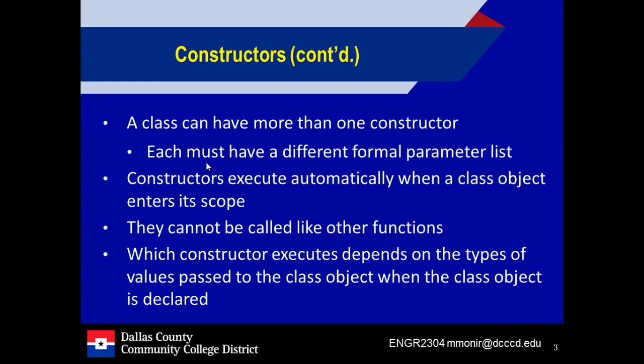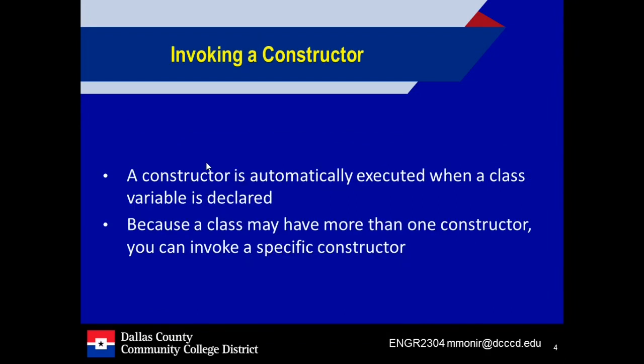Which constructor executes depends on the type of values that have been passed to the class object when the class object is declared. A constructor is automatically executed when a class variable is declared.